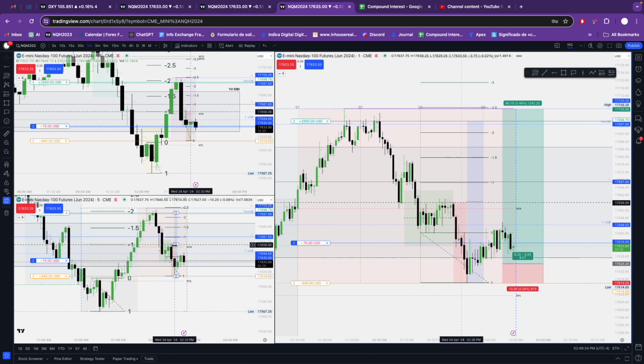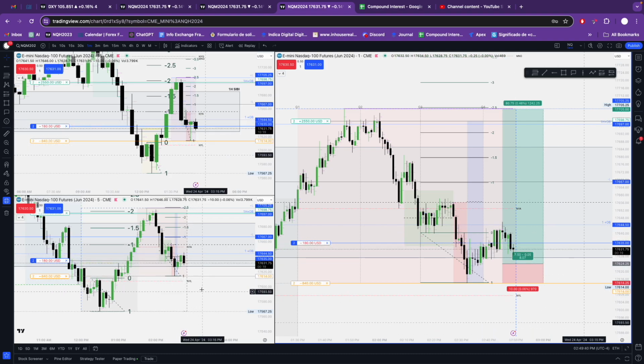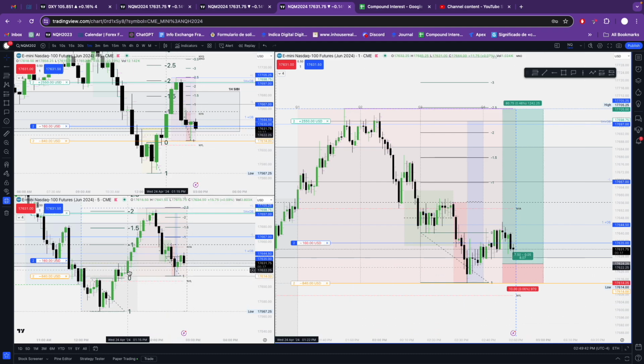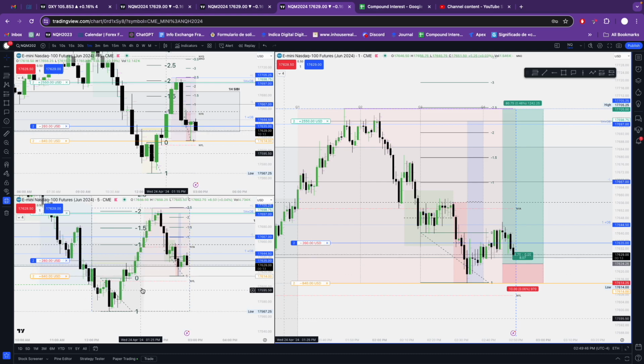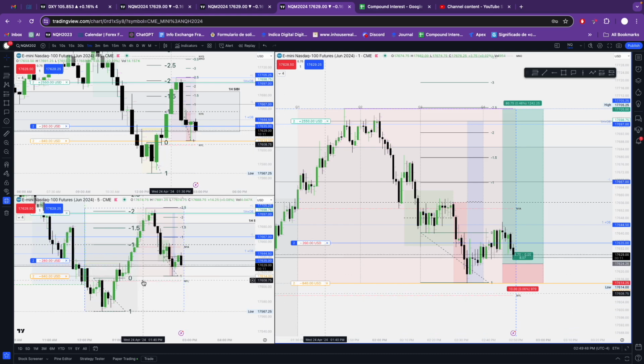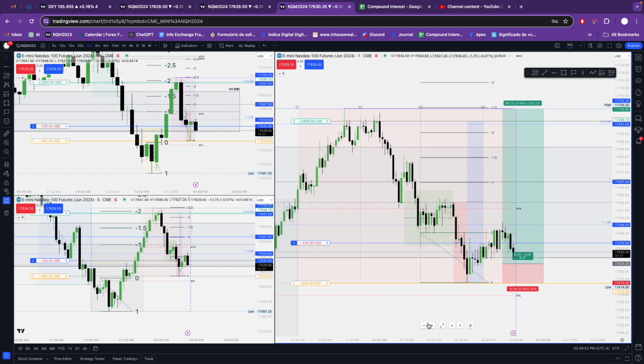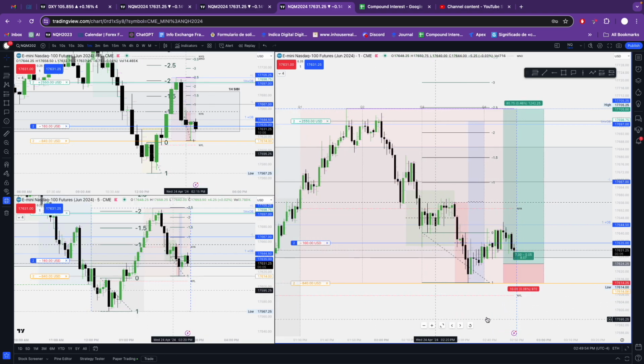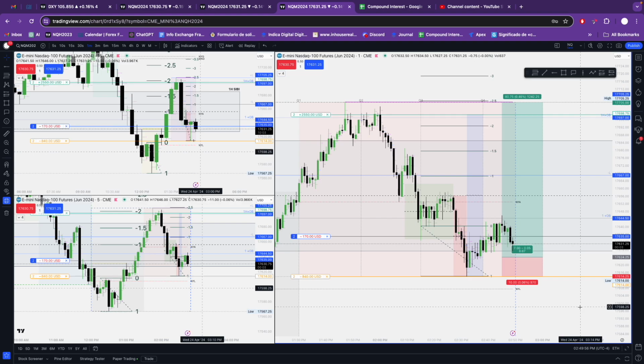And we could say this is stage one, stage two. We might get our stage three manipulation in here. Oh, I thought this OB was going to hold. Take out drawn liquidity here. Maybe it's this one. That's why you keep your stops really tight.